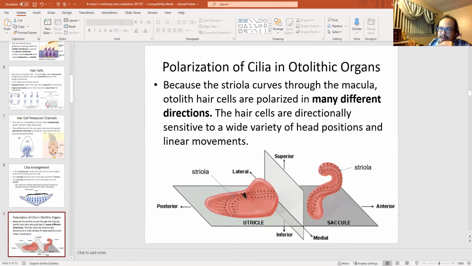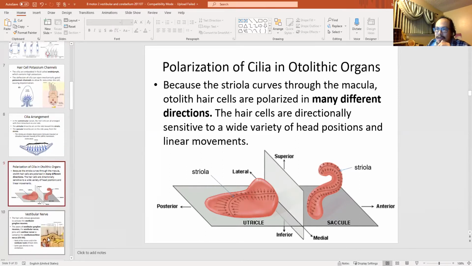This line indicates that one half of the macula has the kinocilium facing the striatum, and the other half is also facing the striatum. Basically, they are facing each other or facing against each other.